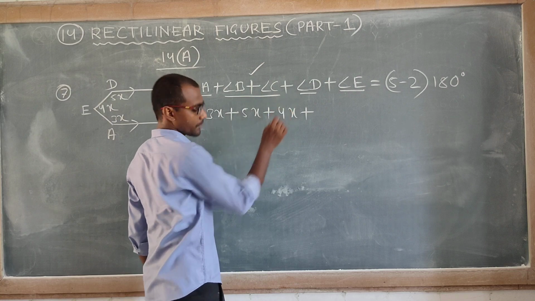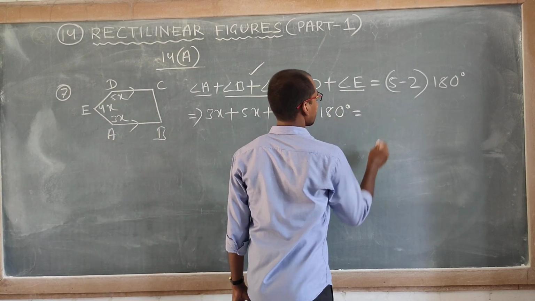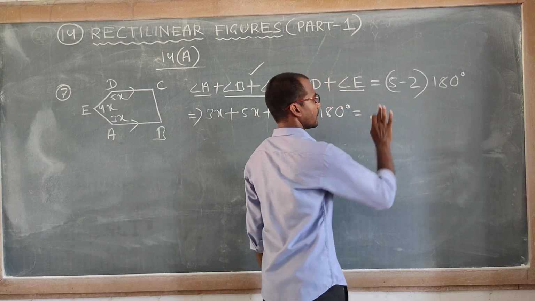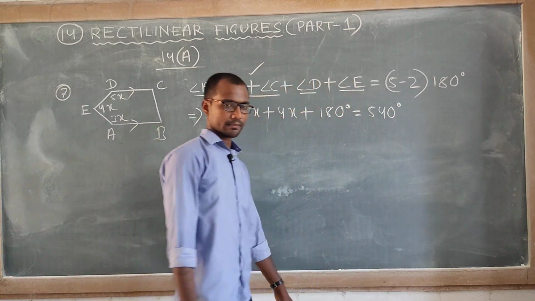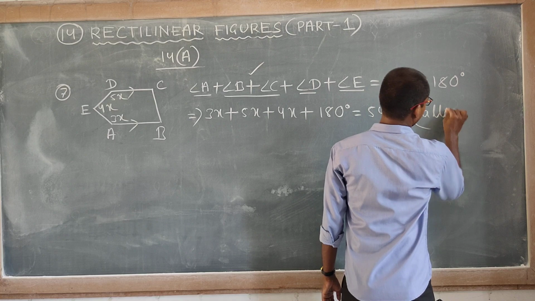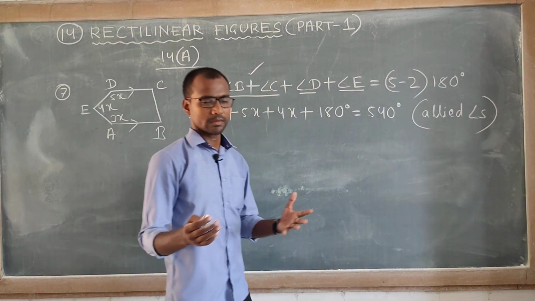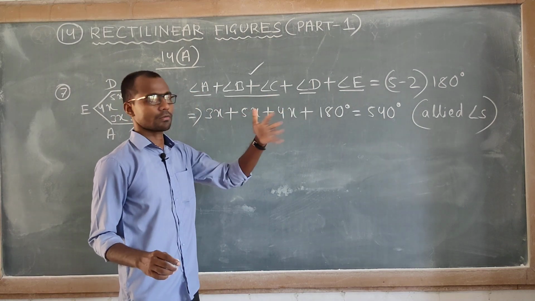So in place of B plus C, we can put 180 degree, and this is 5 minus 2 is 3. 3 into 180 is 540 degree. We'll give the reason. Allied angles. Allied angles means co-interior angles. For this, B plus C.